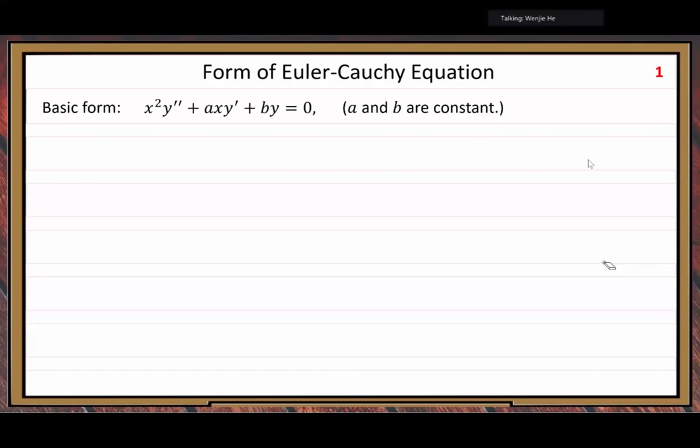When we look at the equation, you can see the coefficient of y double prime is x squared, degree 2 for the double prime. Then x has exponent 1 with y prime, the first order derivative.